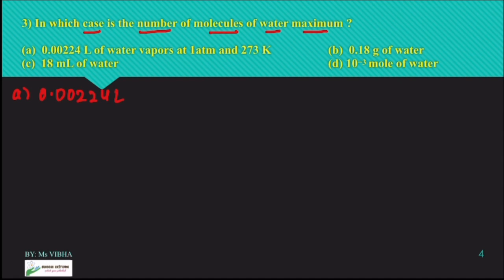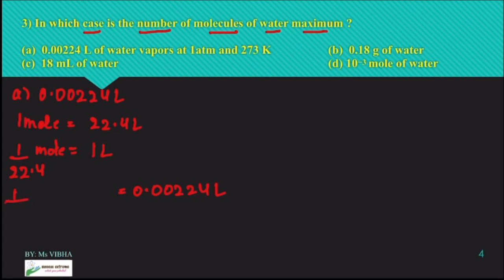We know the relation 1 mole is equal to 22.4 liters of water vapor. 1 liter will be 1 upon 22.4 moles. 0.00224 liters of water vapor will be equal to 1 upon 22.4 into 0.00224 moles. We will get 10 raised to power minus 3 moles.